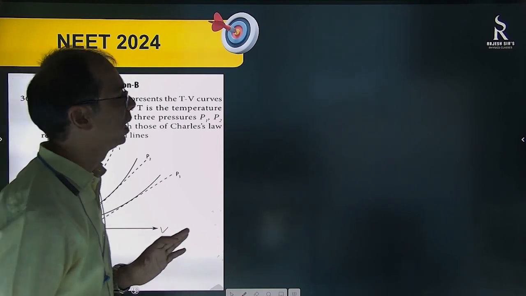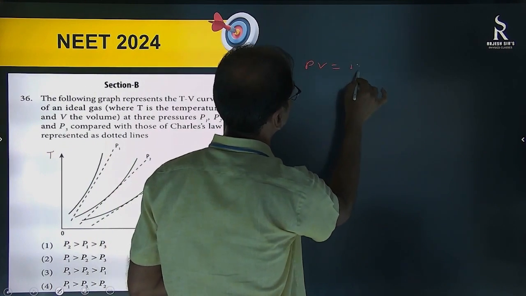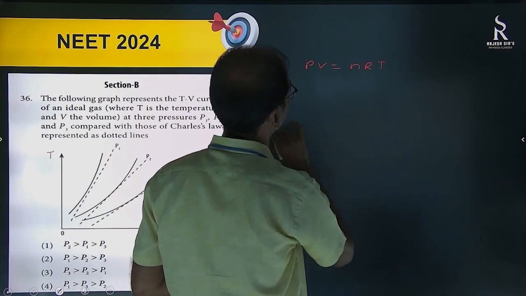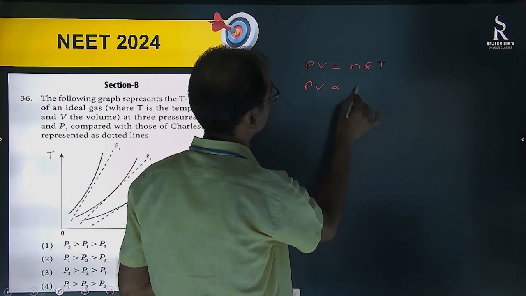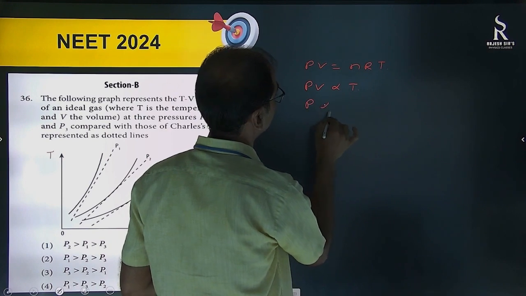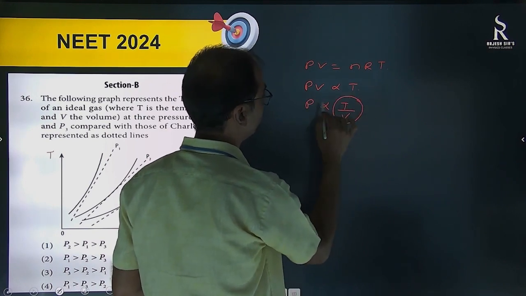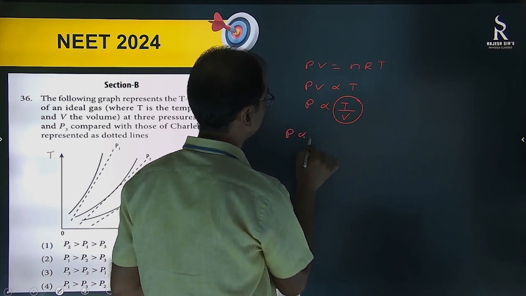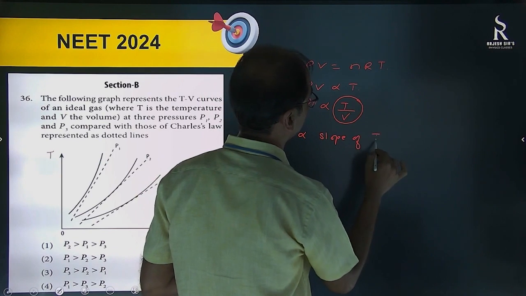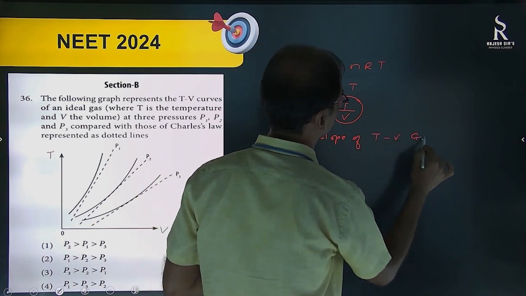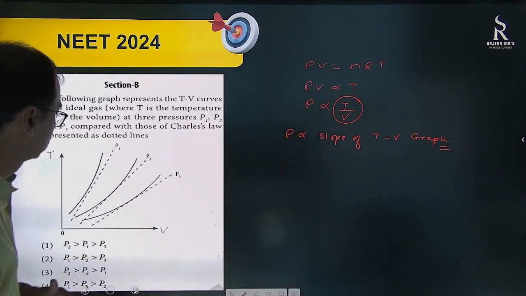In the ideal gas equation, PV equals nRT. n and R are constant, so PV is proportional to T, and P is proportional to T by V. Now, if I am talking about the TV graph, this is the slope of the TV graph. So P is proportional to the slope of the TV graph. Whose slope is more?